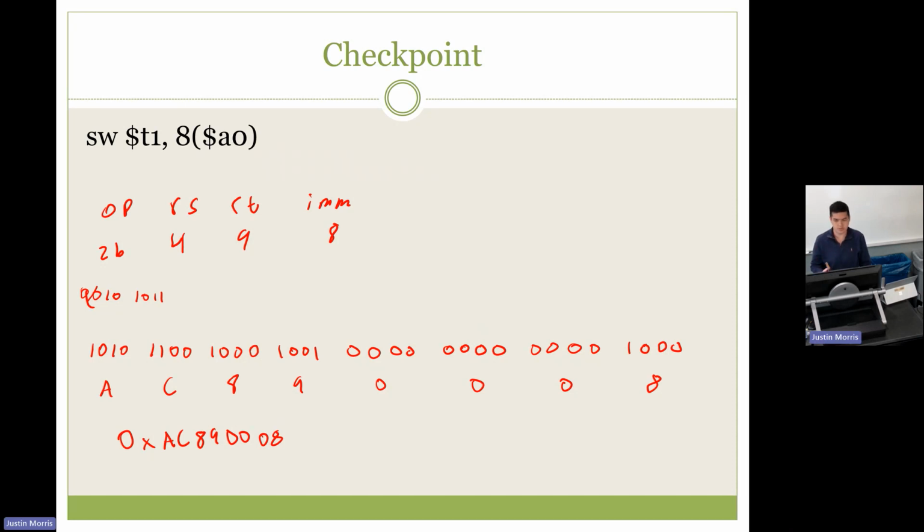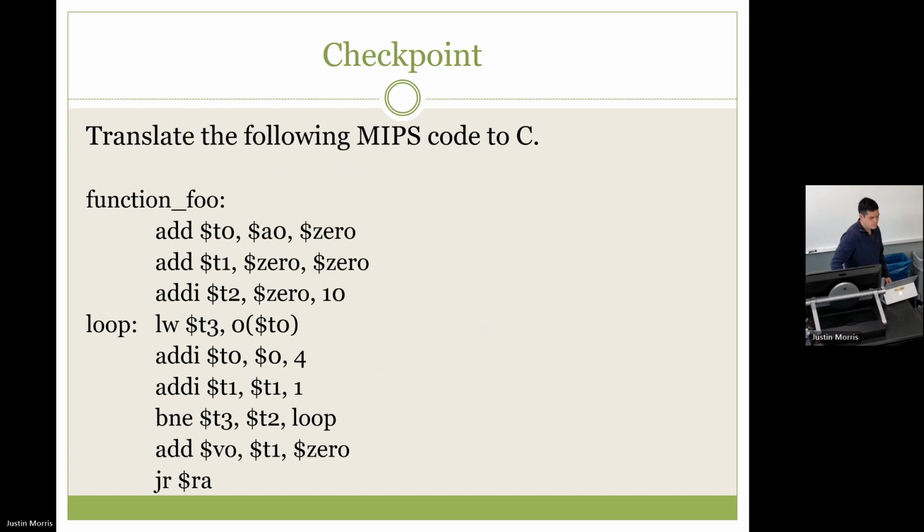Between homework, examples on the slides, and these questions, and you can also make your own, you need to become more familiar with the MIPS sheet. So we do have 5 minutes. I'll just leave this up for you to work together. We won't have time to go over it, but you can spend the next 5 minutes translating this.